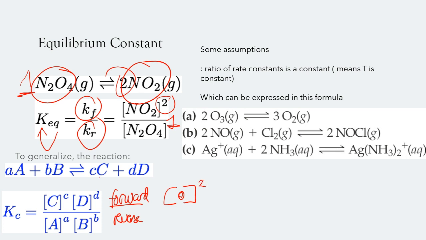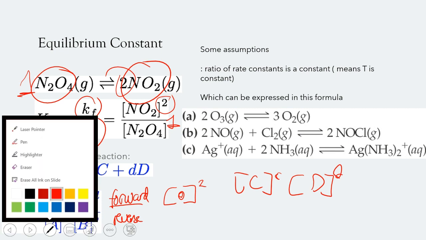So for example, in this one, your C, which is your species, is put inside of the bracket, and then your small c turns into a power. And you're doing the same thing with a big D, and your little d, which is your coefficient, turns into a power.